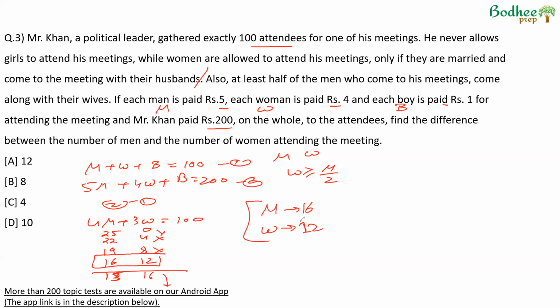So this solution satisfies all our constraints. We have to find the difference between the number of men and number of women attending the meeting. The difference will be 16 minus 12, which is not 6 but 4. Sorry. Option C becomes my answer.